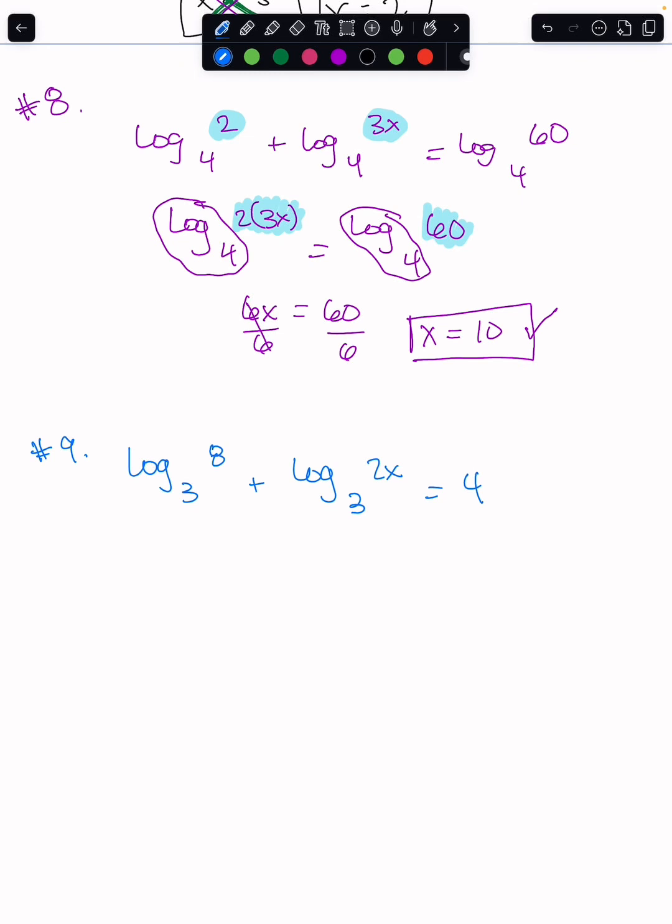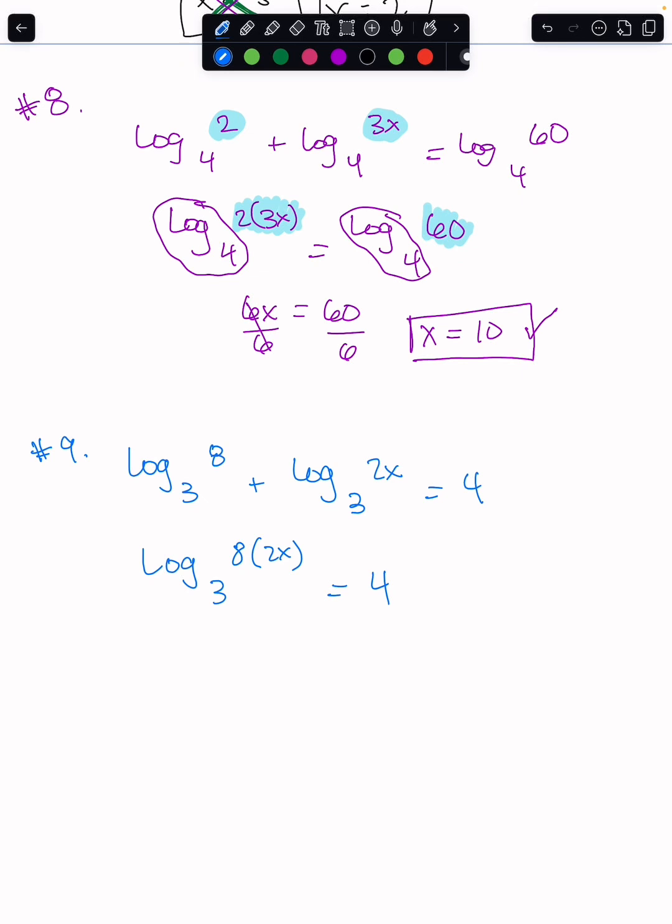Oh, it doesn't have a log at the end this time. So that means something here is slightly different, but the rules didn't change. Okay, so because there's a plus sign, this ends up becoming log base 3 of 8 times 2x equals 4.